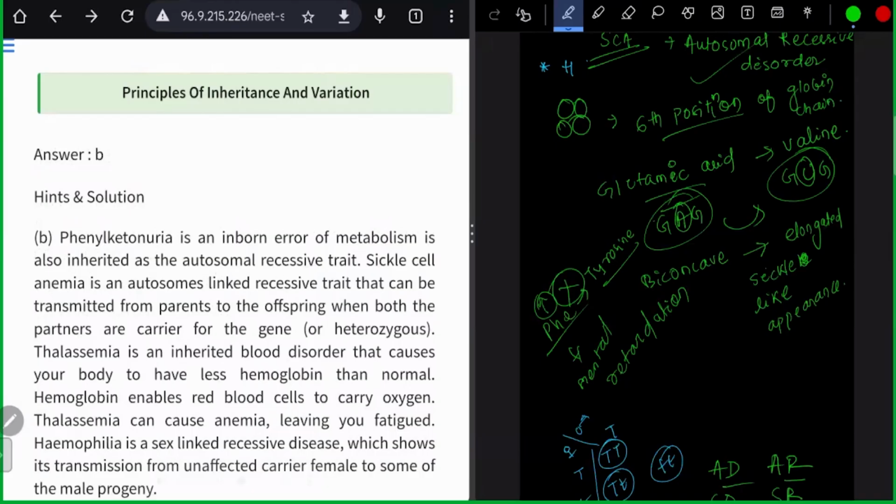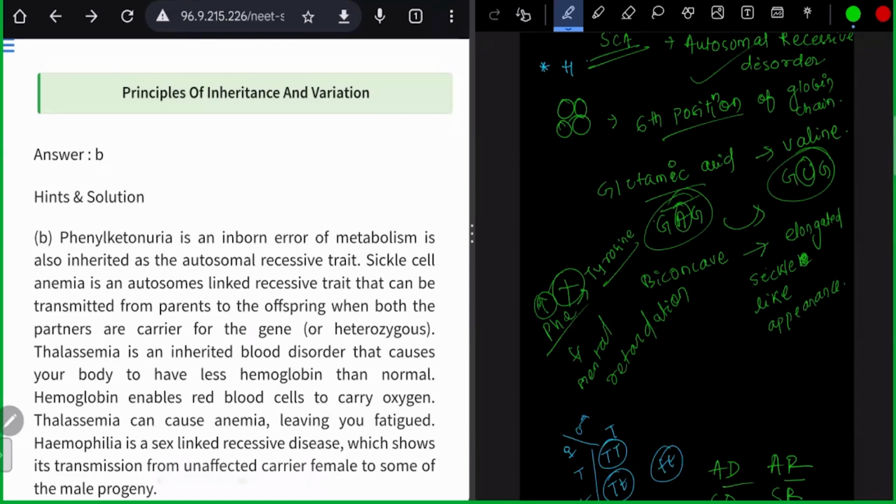Sickle cell anemia is also autosomal recessive and can be transmitted from parents to offspring when both partners carry the same gene. Thalassemia is a blood disorder that causes your body to have less hemoglobin than normal, which is a quantitative defect.